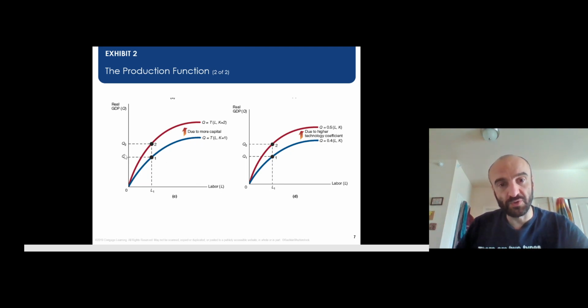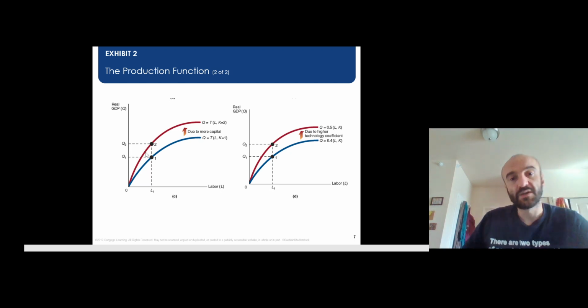So now in order to go from Q1 GDP to Q2 here, you will actually have to increase the labor hours. You will have to work harder. So here you will have to essentially double your labor force, or double the amount of labor hours, to get the same quantity of real output Q2. However, here just by increasing the quantity of capital goods, you can work the same labor hours and produce the same quantity of goods.